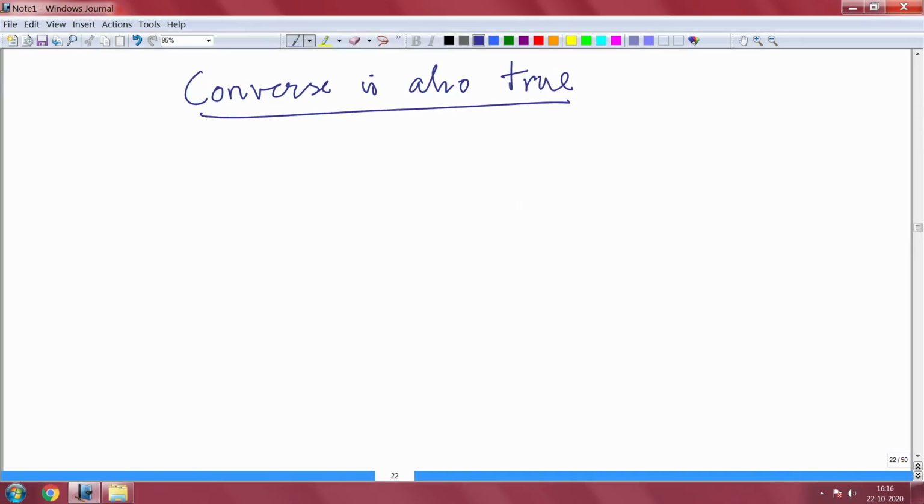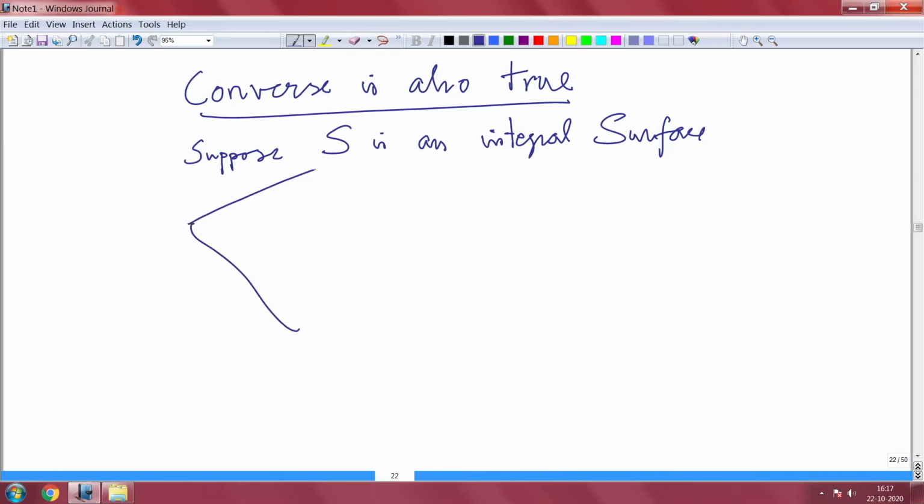The converse is true in the sense that, suppose S is an integral surface. What does that mean? You have a surface here. You take any point on it; the point will be x naught, y naught, u of x naught, y naught.